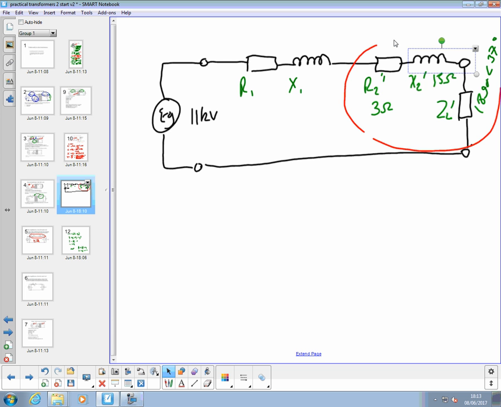So the first actual part of the question said find the primary current. So find I1. So how can we do that? Yeah, ZT.